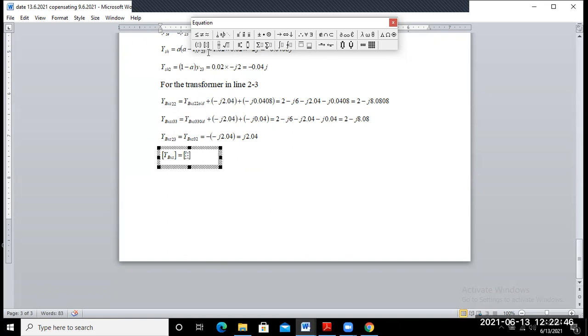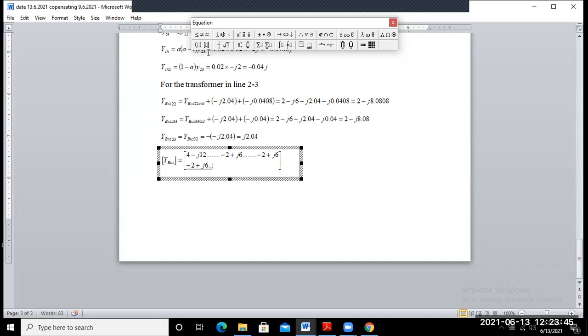So the first term is 4 minus j12. Similarly, the second term is minus 2 plus j6, and Y13 is minus 2 plus j6. Similarly, Y21 is minus 2 plus j6.